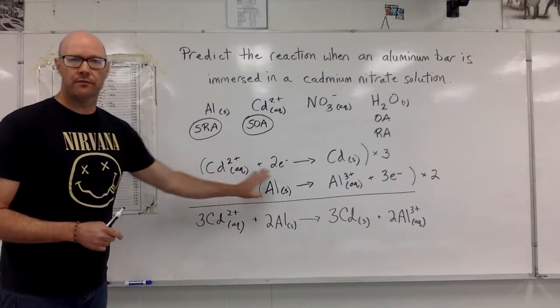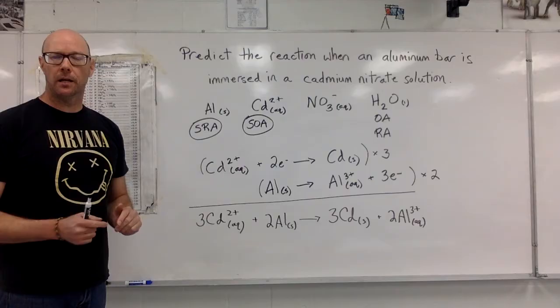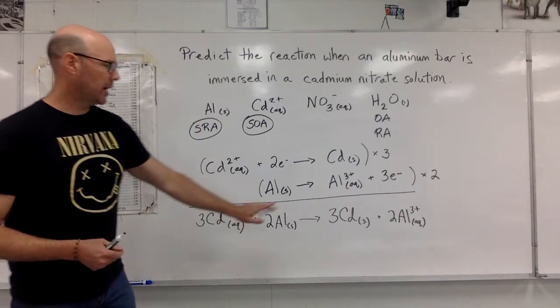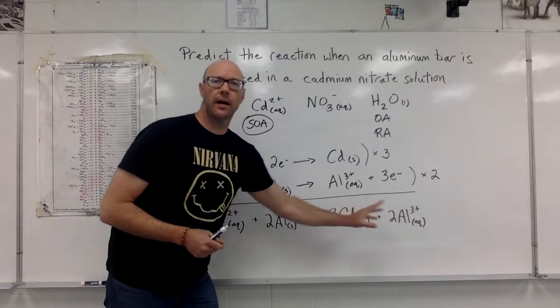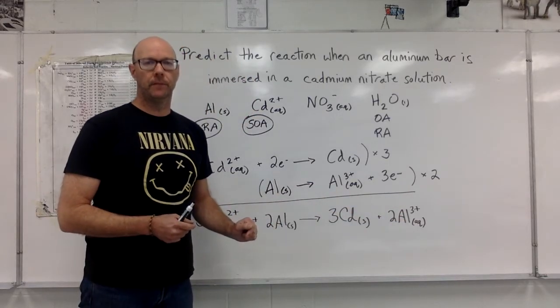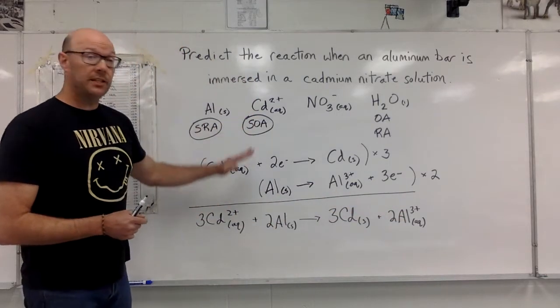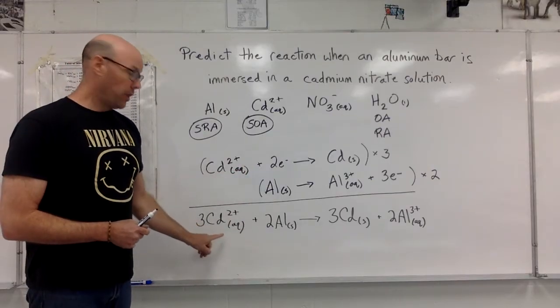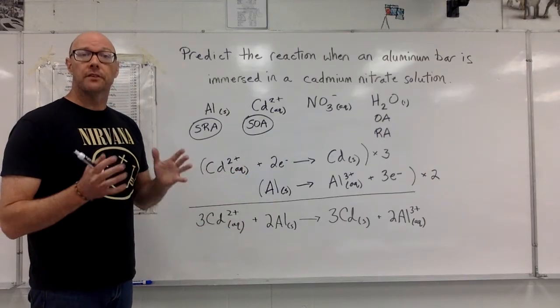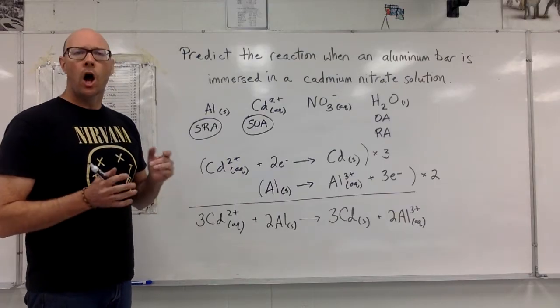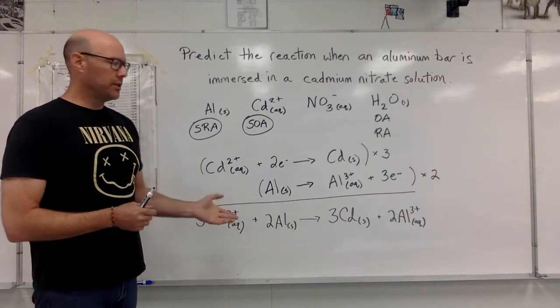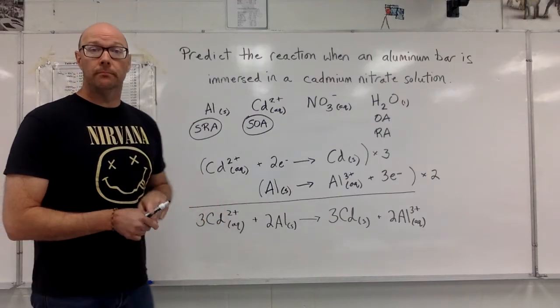So the total charge of the left hand side is 6 plus. When we look at the right hand side, this one's neutral. And here we have 2 3 plus ions, 6 plus. If we've done these early steps correctly, the net ionic equation that we have will have the chemicals balanced and a charge equality. Our final step is to indicate whether this is a spontaneous reaction or not.